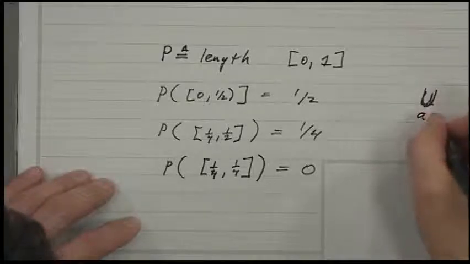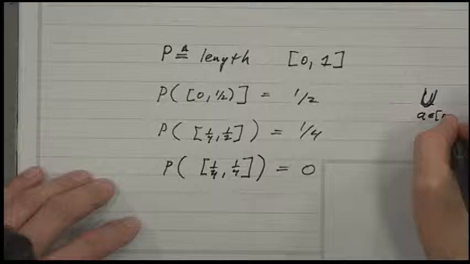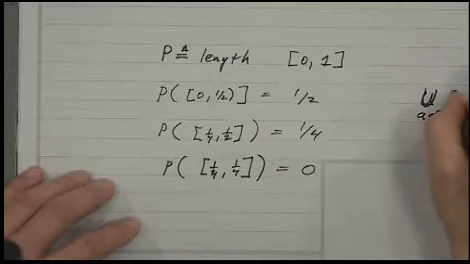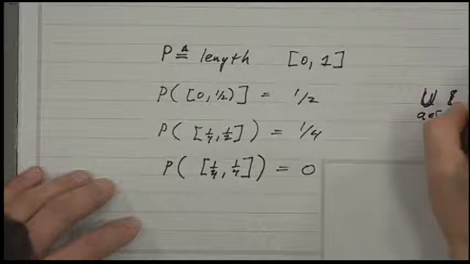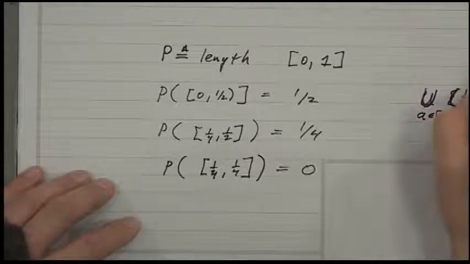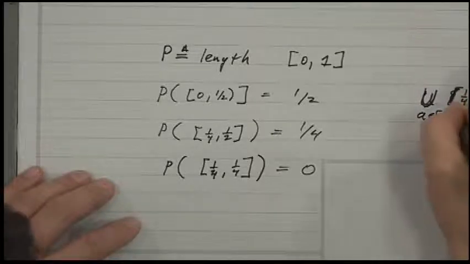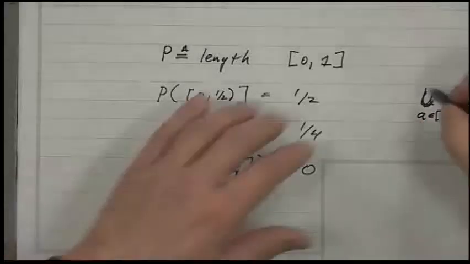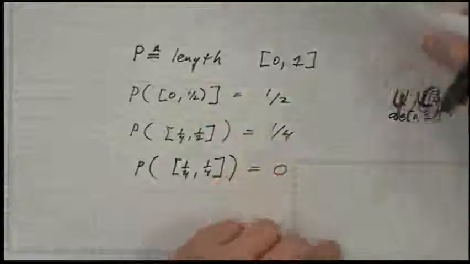Now, if I take the union over all A in the interval 0 to 1 of the set consisting of the point A... Oh gosh, I'm really messing this up. Hold on, let me redo this. I'll keep this and do it on another piece of paper.